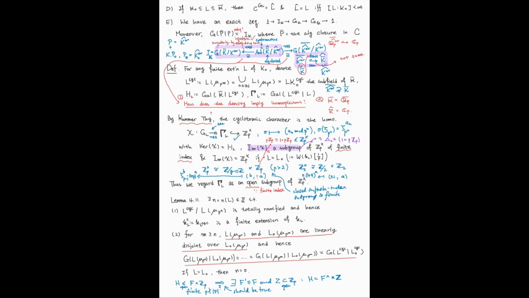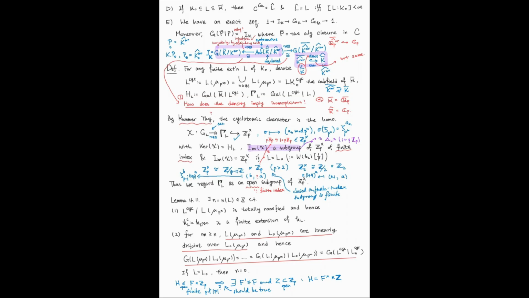The key point is to show that if it had infinite index, it should be easy to see, because this gamma_L is a profinite group and this is a continuous map between such profinite groups, that its image should be closed.